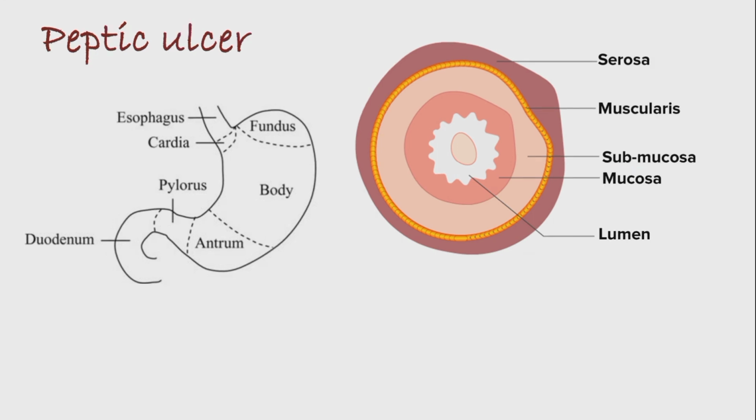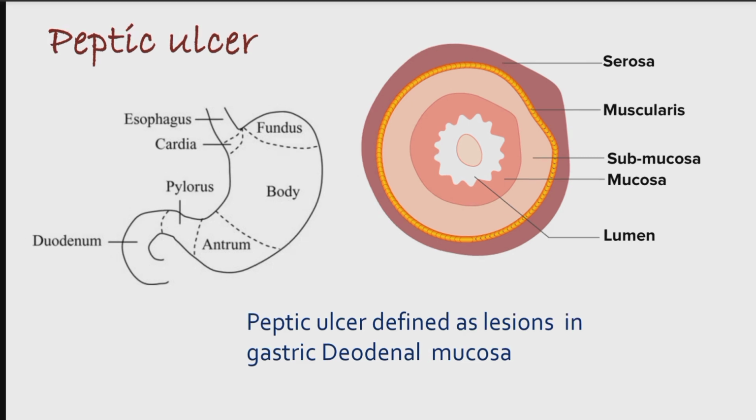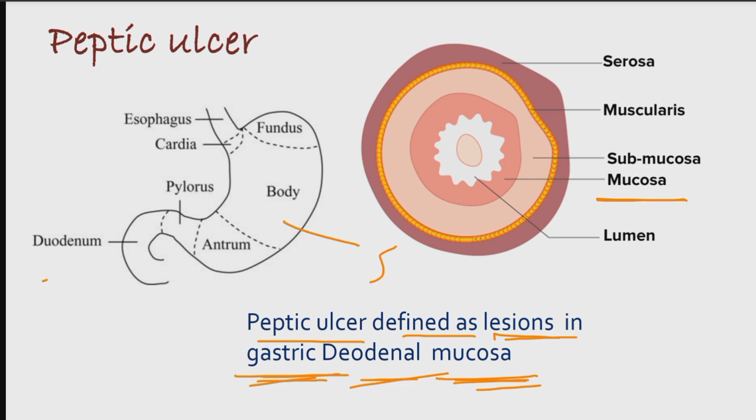So peptic ulcer is defined as lesions in gastric duodenal mucosa. Lesions are nothing but wounds, in the gastric duodenal mucosa. Mucosa means mucous membrane, the innermost wall layer. Gastric means in the stomach, or in the duodenum.